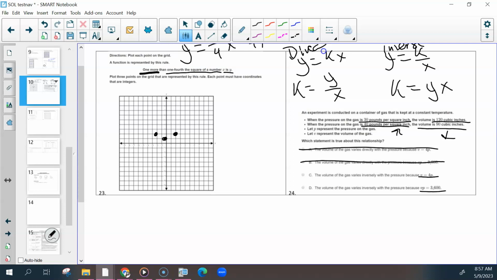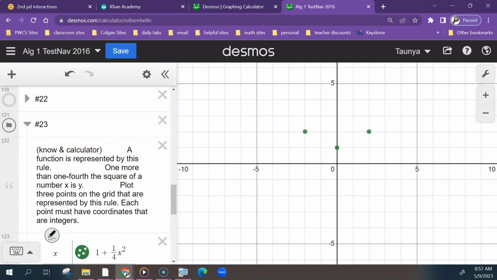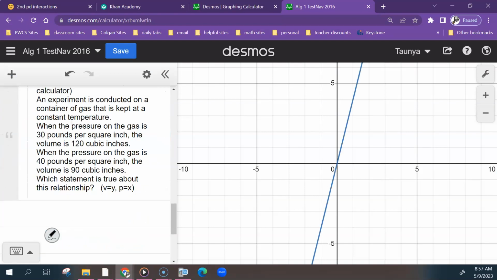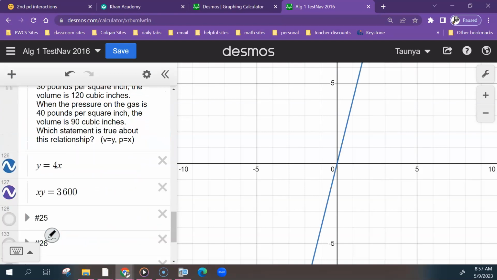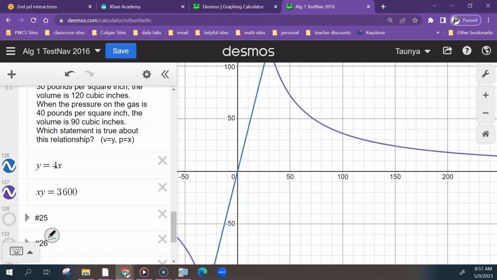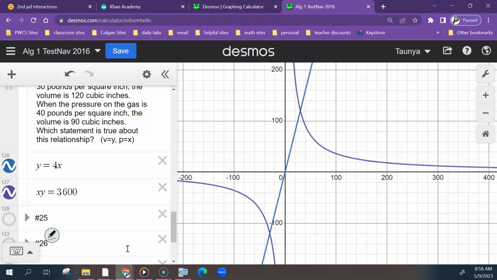So that would be doing it without using Desmos, but this is how we would do it with Desmos. If I put in both, one's there, but it's way out here. We said it was inverse because one goes up, one goes down.